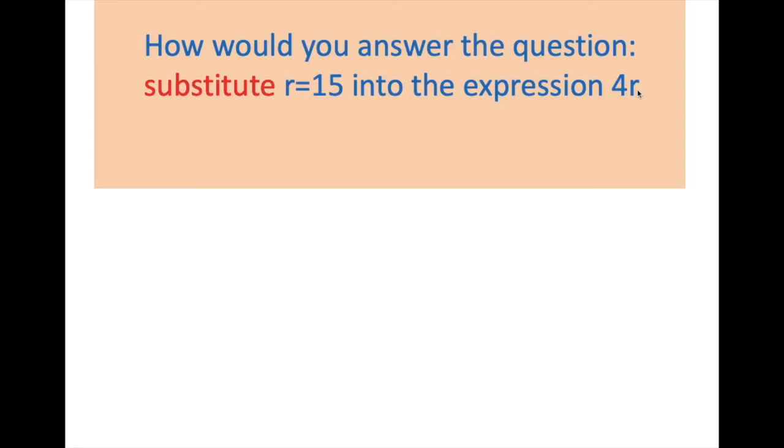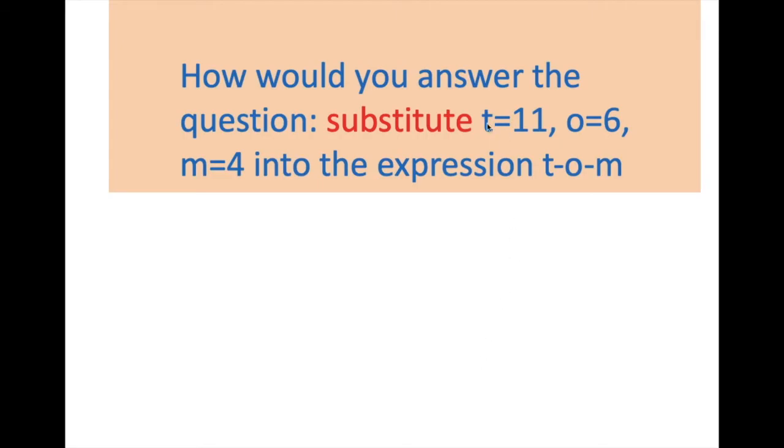Let's have a look at this question. It says 4r. Now 4r means 4 lots of r. So we're going to have 4 times r. 4 lots of r is 60. This one is t minus o minus m.